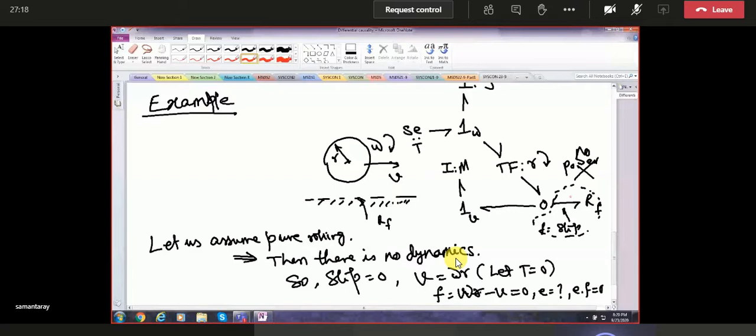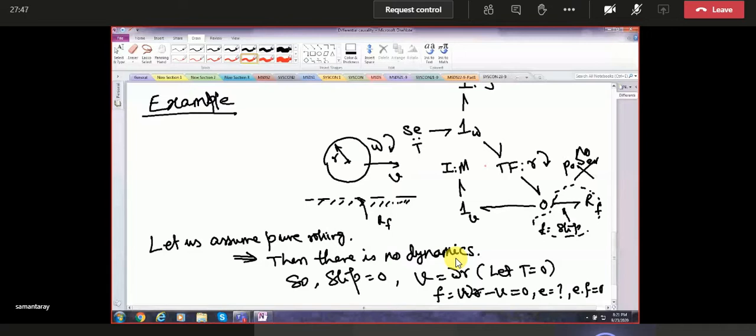So if you apply 0 torque and rolling in some hypothetical case without any air resistance, then it has no linear acceleration and no angular acceleration. If it has angular acceleration, then obviously you will have some kind of slip. So if you have omega r equal to v at all times, then slip is 0.